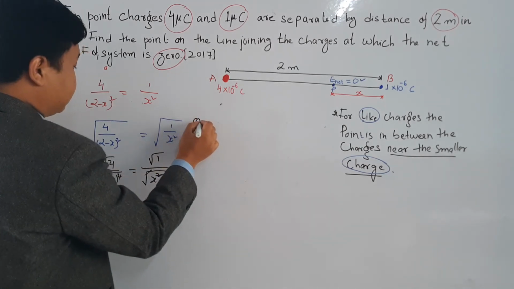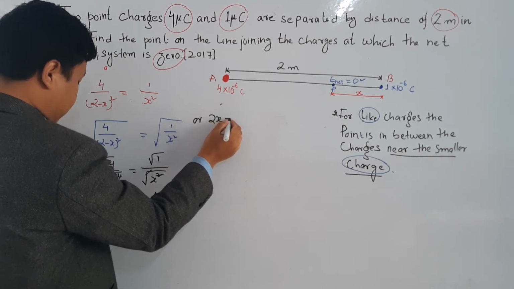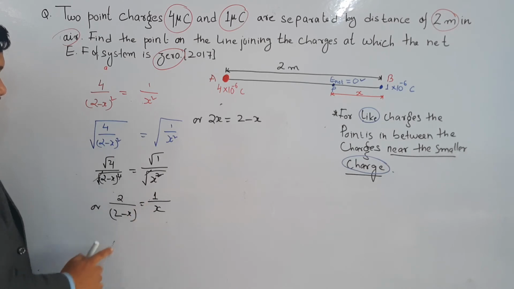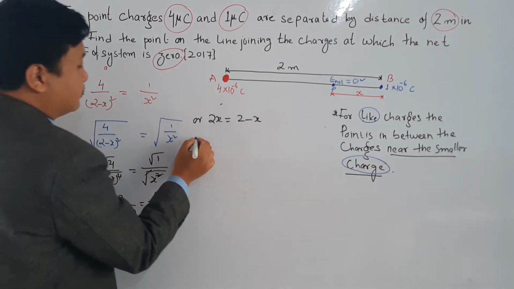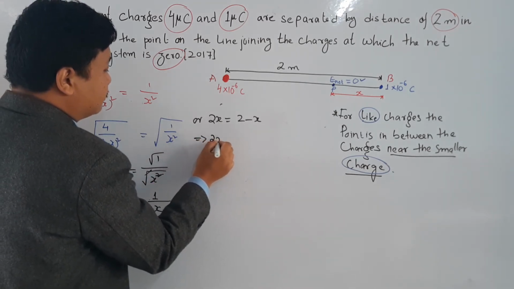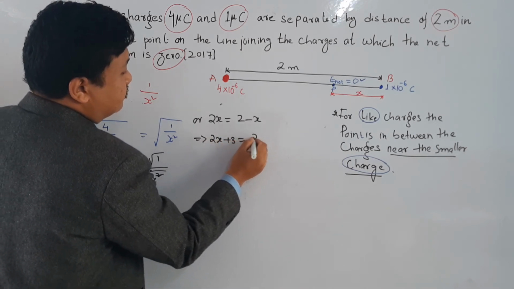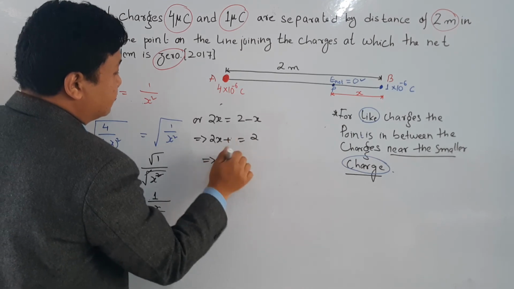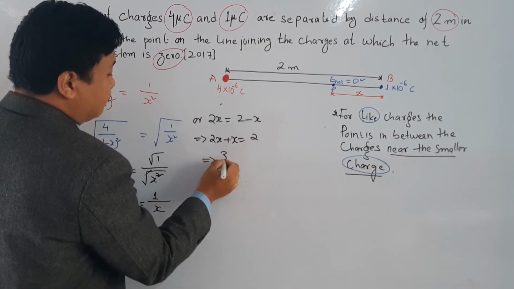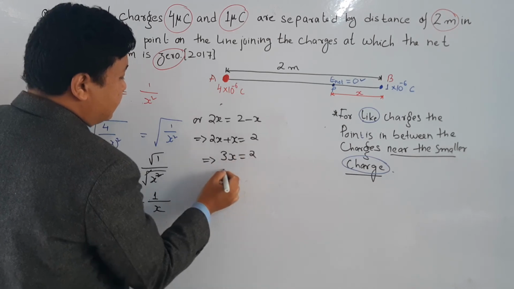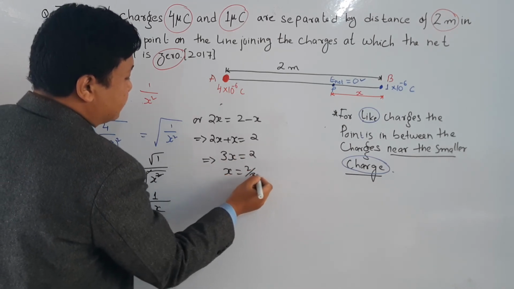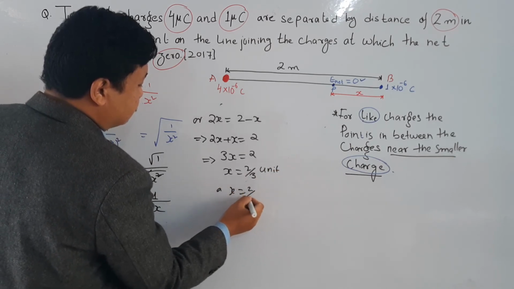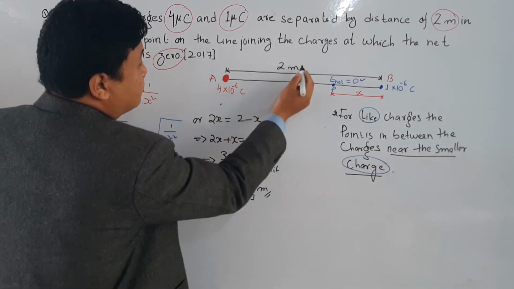Then how much will I get? We get 2x equal to 2 minus x, because the 1 multiplied is the same, 2x. Bringing this here, 3x is equal to 2, and x is equal to 2 by 3 unit, or simply x equals 2 by 3 meter, because it is given in meters.